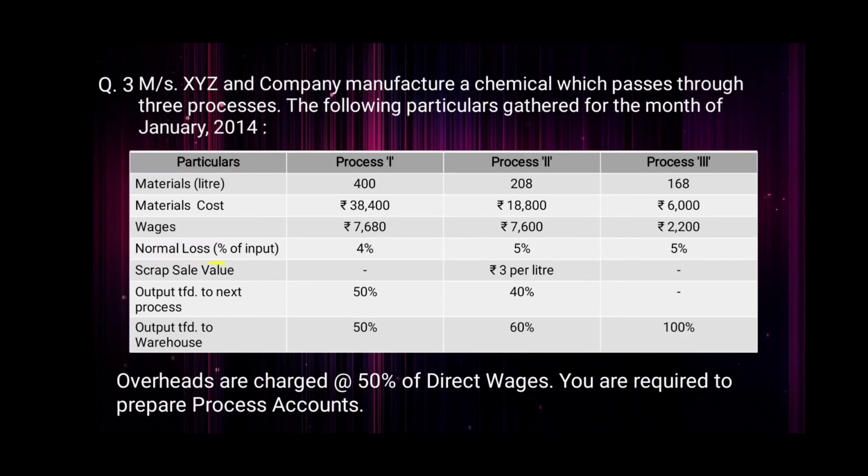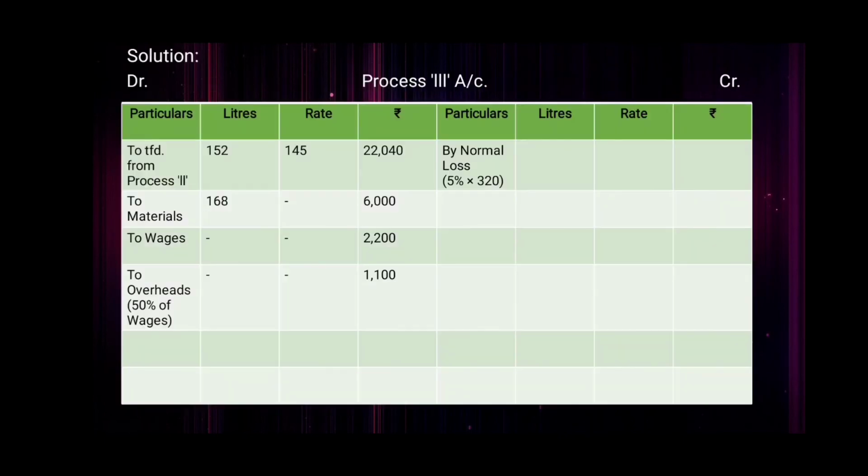Now normal loss, which is given as percentage of input, for process 3 it is 5% and the scrap value is not given for process 3. So we'll record it by normal loss 5% of input, that is 320. So it will be 16 liters. Rate is not given, so the amount will be nil.